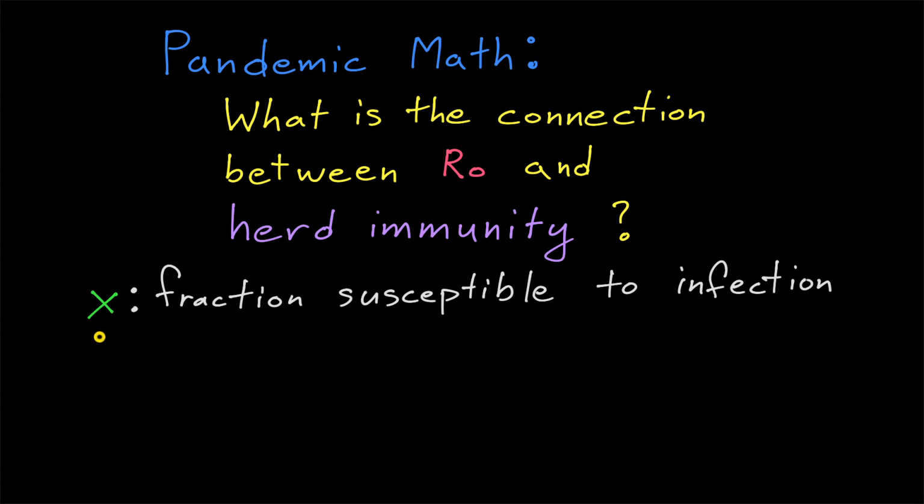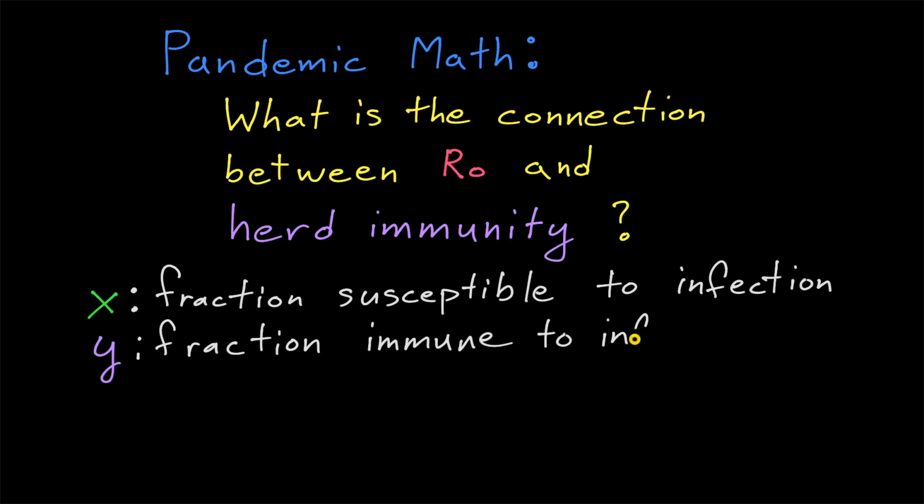So now that we've defined the fraction that is susceptible to infection, let's define Y as the fraction of the population that is immune to infection. So once again, if we consider, for instance, COVID-19, let's say some people have already gotten COVID-19 and they got better.